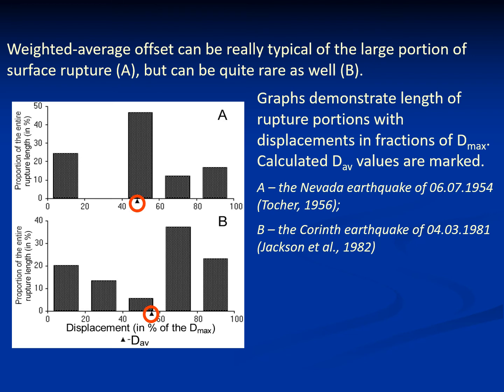At A, it really is typical of a long section of this fault, the Nevada earthquake fault of 1954. But in the lower plot, you can see that longer sections are characterized by small and by large offsets, while the average value is typical of a very small section and might be found just occasionally.